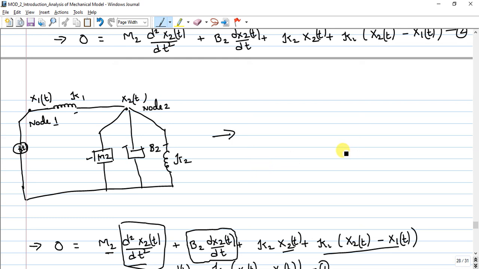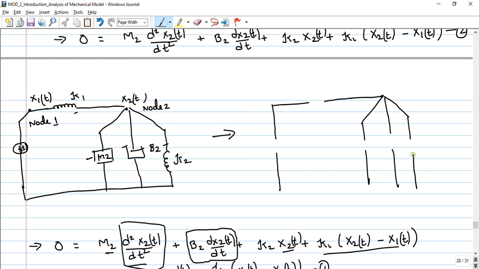I will write down the exact same sketch and modify it. This is the node, and I will have 3 elements, 1, 2, and 3. I am writing the equivalent electrical network in terms of force current analogy.